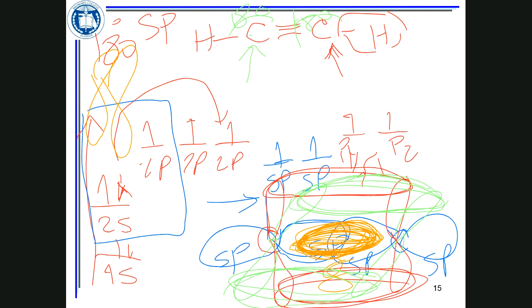Your sp hybrid from each carbon is going to form one sigma bond between the carbon-carbon. The other sp orbital is going to form a bond with the hydrogen. So you get your sp forming a bond with the carbon and then with the hydrogen. So you see this is a linear shape. The pi bonds are coming from overlapping of unhybridized p orbitals.